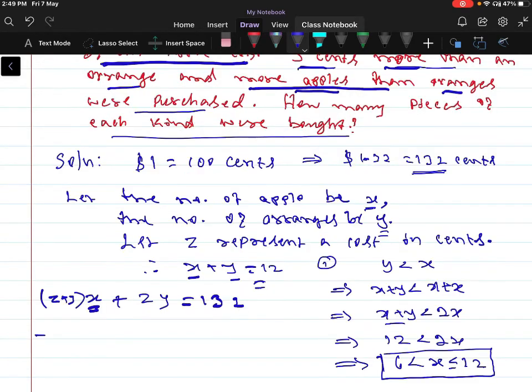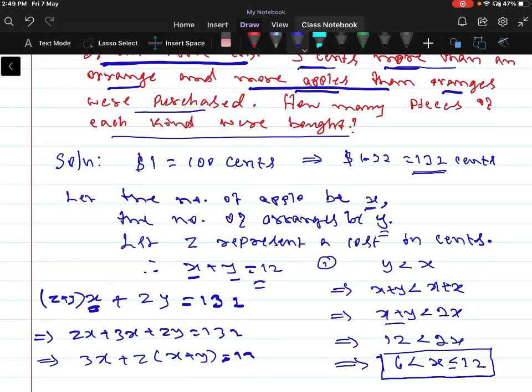This implies zx plus zy is equal to 132. So this implies z is common, z into x plus y is equal to 132.